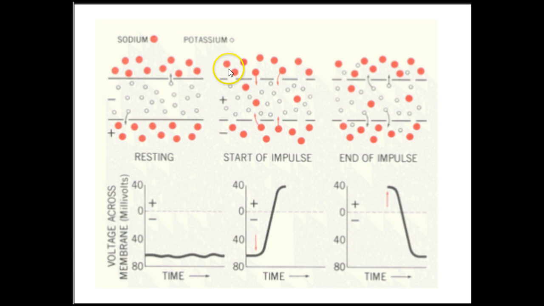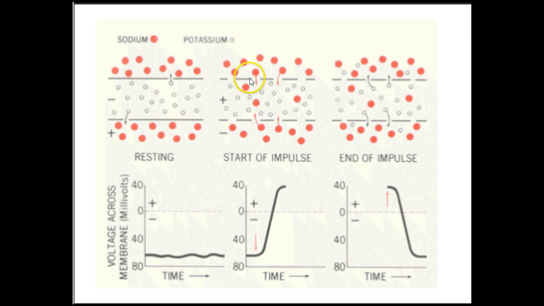When we add some of these sodium ions in, we create a positive charge. Each time we add some sodium in, we add a positive charge. This is what starts an impulse, and what causes what we call an action potential, or the signal to travel down the axon.